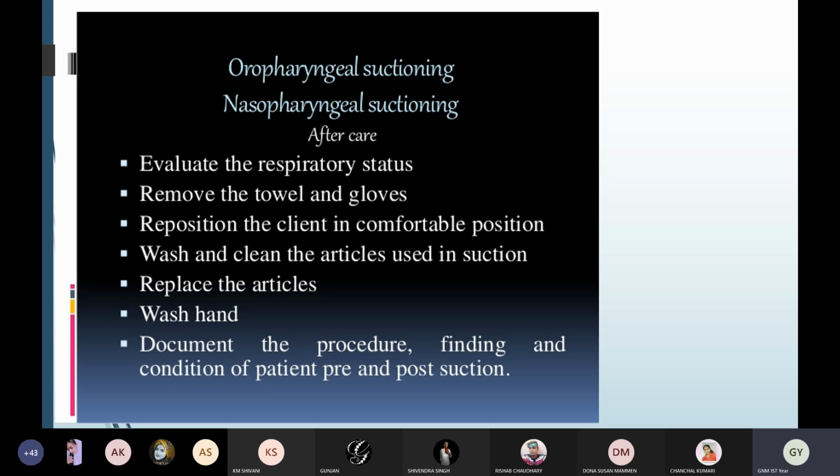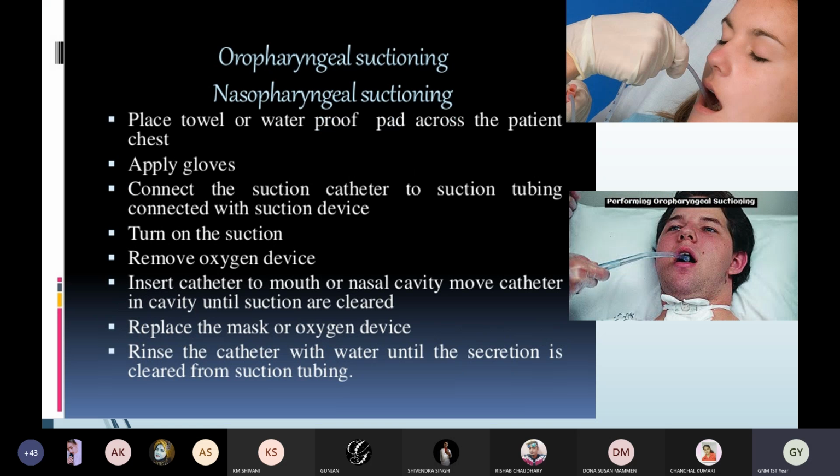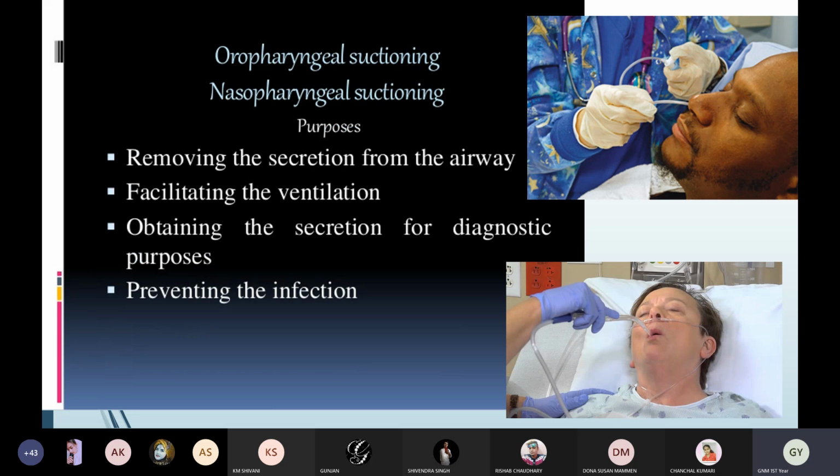So is this clear with oropharyngeal suctioning and nasopharyngeal suctioning? This is very simple as compared to endotracheal tube suctioning, because here we are just inserting the suction catheter directly into the mouth, or just inserting the suction catheter into the nose of the patient.